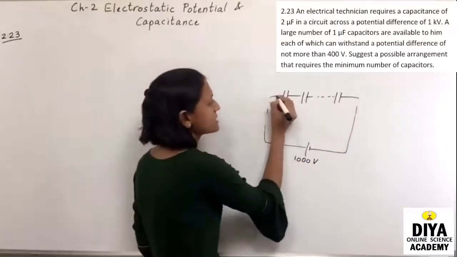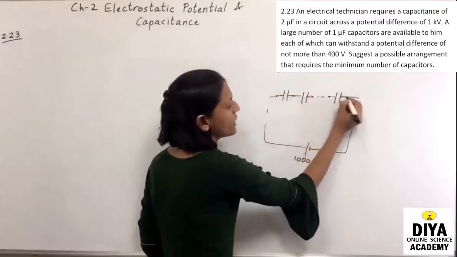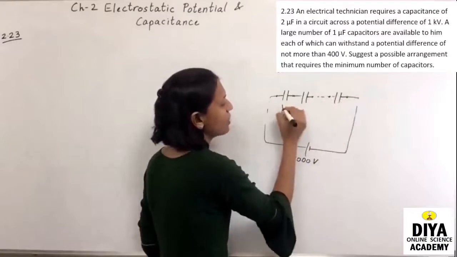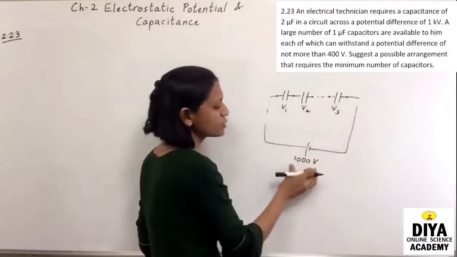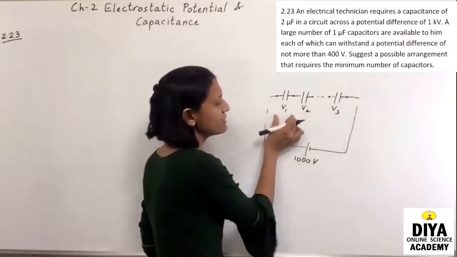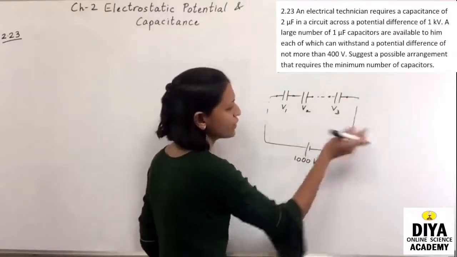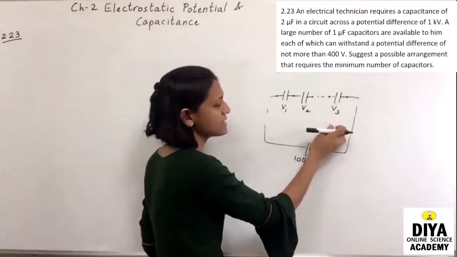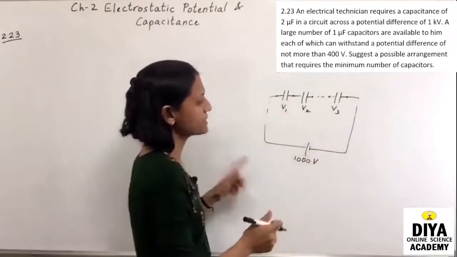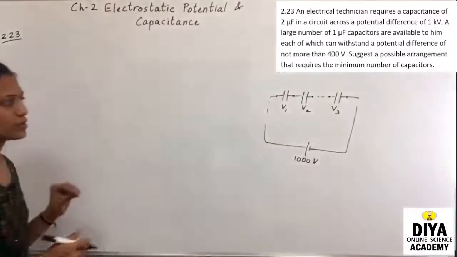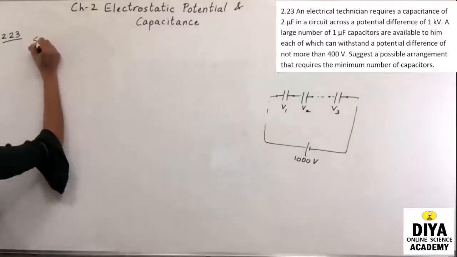Between these two ends the addition of V1, V2 and V3 will be equal to 1000, and individually V1, V2, V3 or V4, I don't know how many will be there in the series. So individual potential across the two plates of a capacitor should not exceed 400 volt.